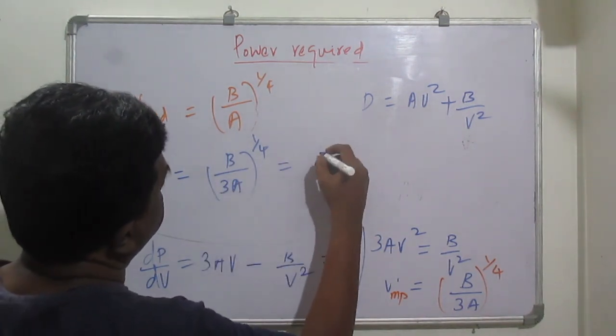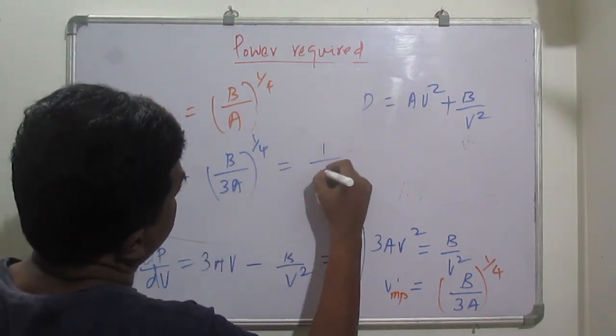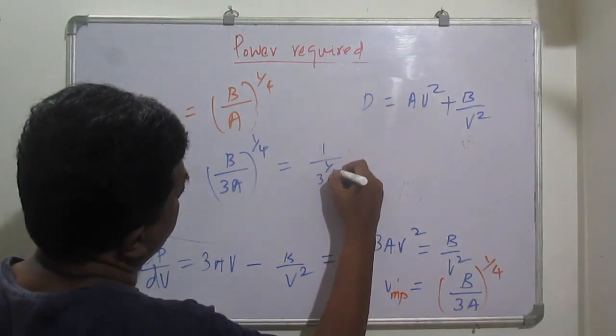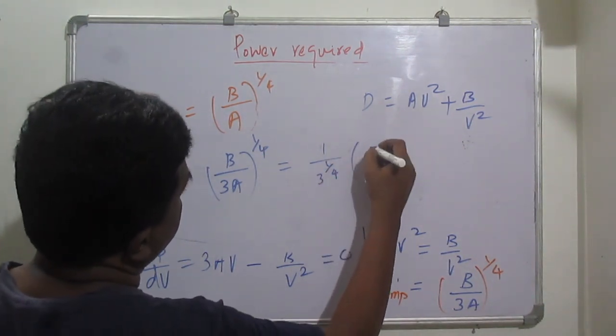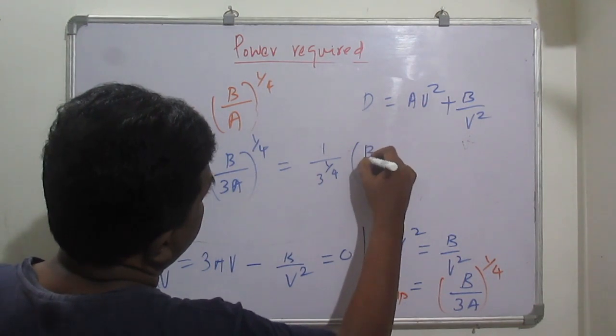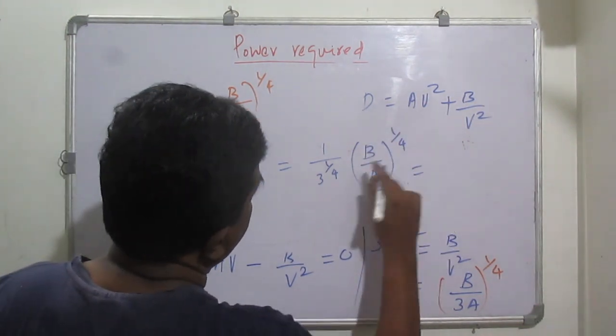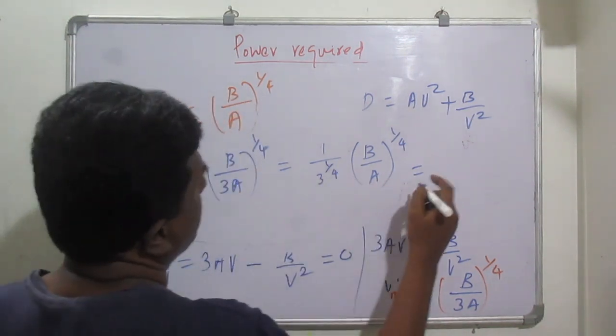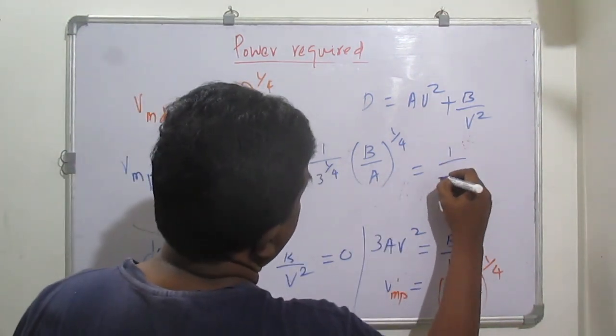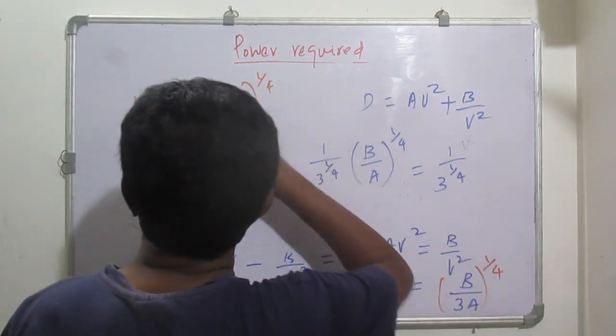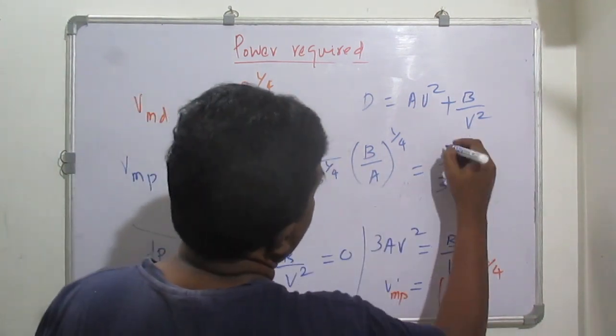We can say that 1 by 3 power 1 by 4 into b by a power 1 by 4, this is nothing but 3 power 1 by 4 into this one. So this is nothing but velocity.